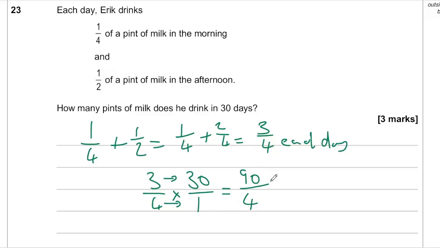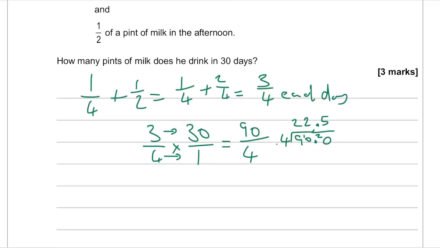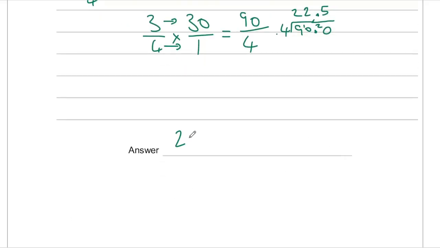Then 4 goes into 9 twice, remainder 1. 4 goes into 10 twice with 2 remainder, and 4 goes into 20 5 times. So 22.5 pints. Or I could say 22 and a half.